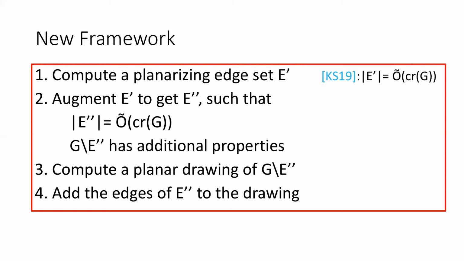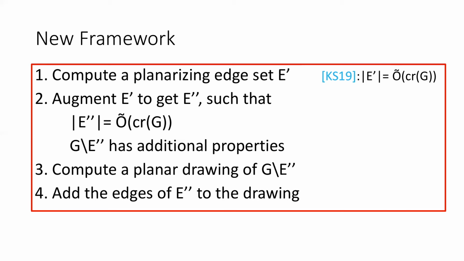So we will ensure that the new set E double prime is still small, meaning that its size is still approximately CRG. And the remaining graph G minus E double prime has some useful properties. Okay. So after this, the remaining steps are again identical to the old framework. We compute a planar drawing of the graph G minus E double prime, and then add the edges of E double prime back. So the only change is that we do not use E prime directly, but we augment it a little bit. Okay. So does this small change help?